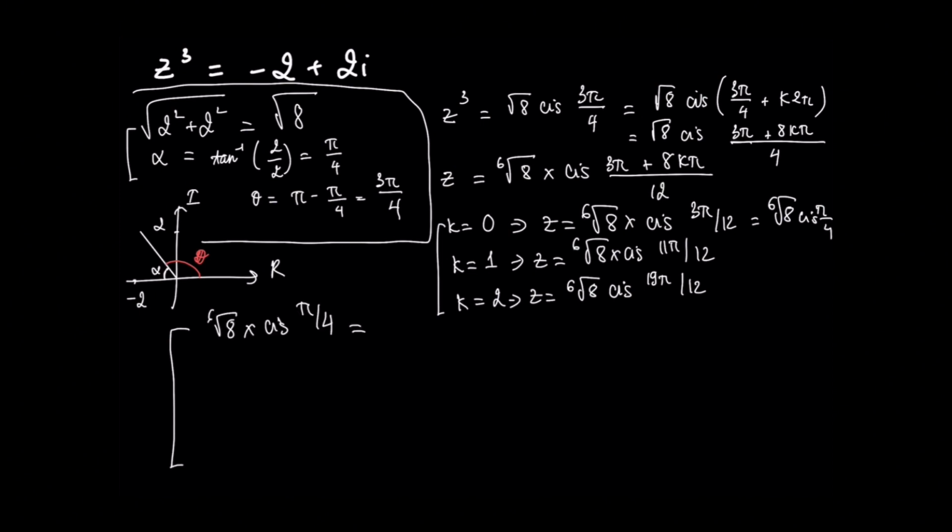Applying the formula that I've mentioned before, the real part will be equal to the modulus times the cosine of the argument. Plugging into the calculator, we'll have the first value. For the imaginary part, it will be the modulus times sine of the argument. And continue the same for the remaining values.